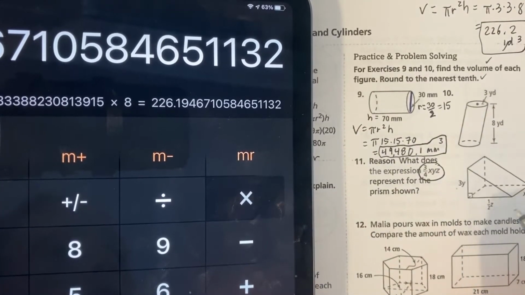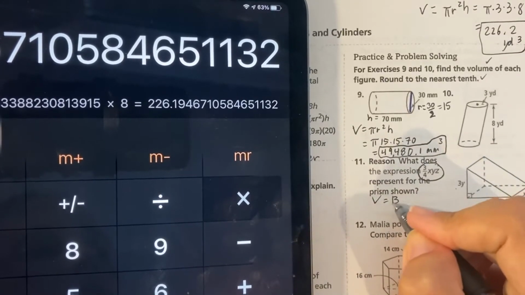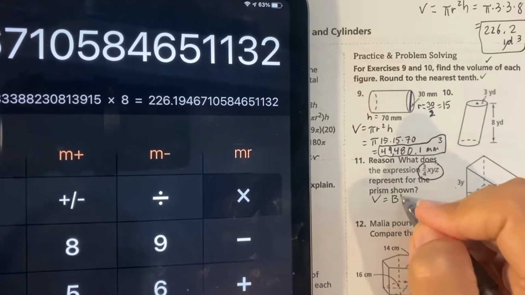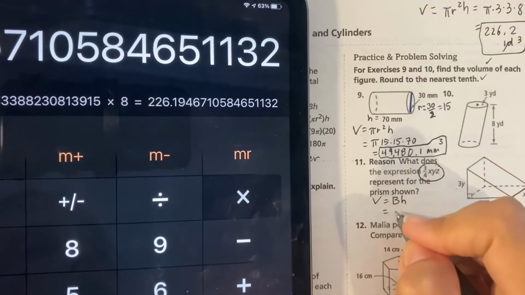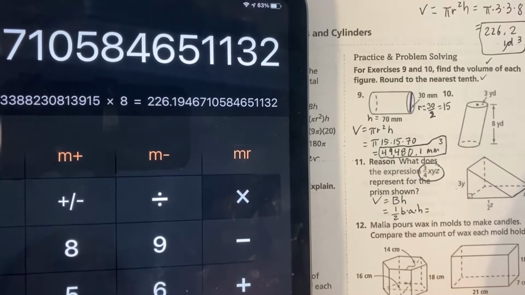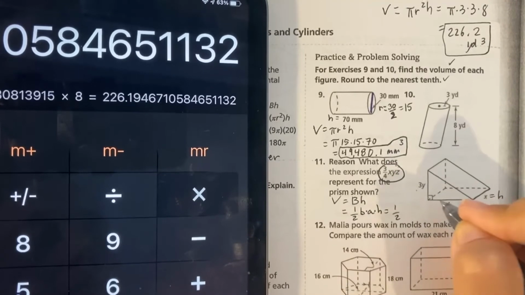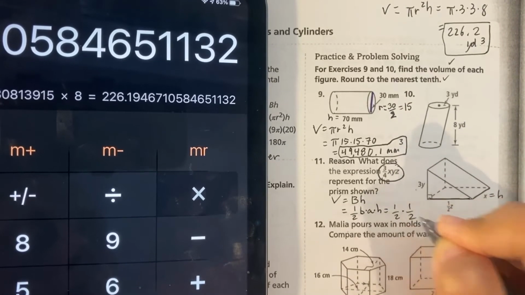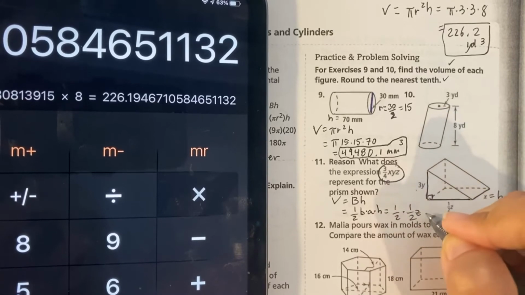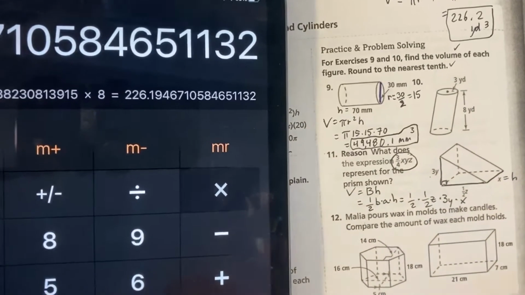All right, what does the expression 3/4 xyz represent for the prism shown? So we notice that the volume here would be the area of our base times however high, and it looks like we stacked these triangles horizontally. So the area of our base is a triangle, so 1/2 base times altitude times height, because it is a triangular prism. So we have 1/2, our base is 1/2 z, altitude is 3y, and x is our height.